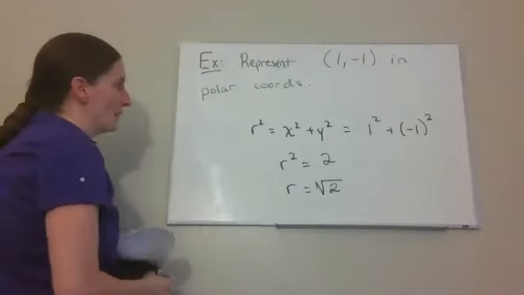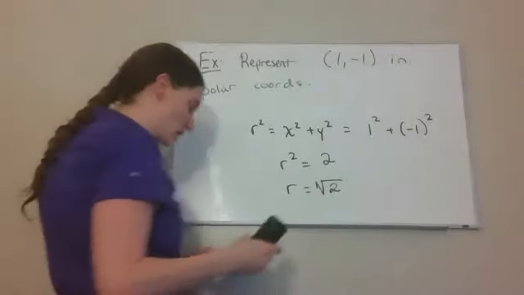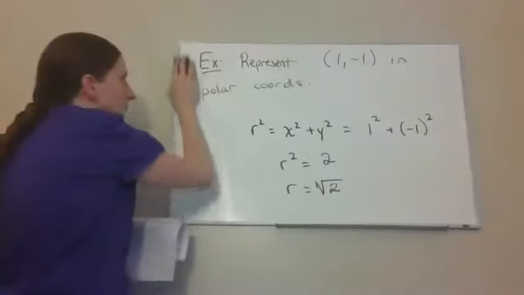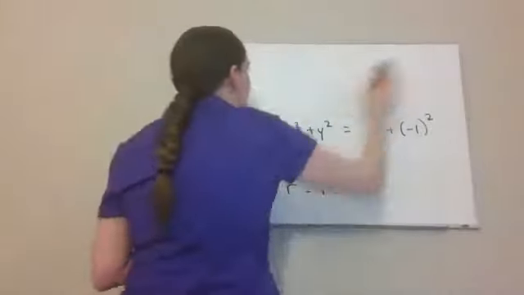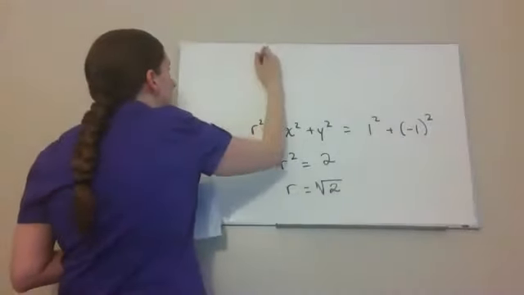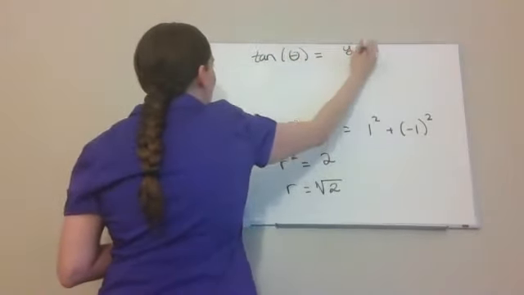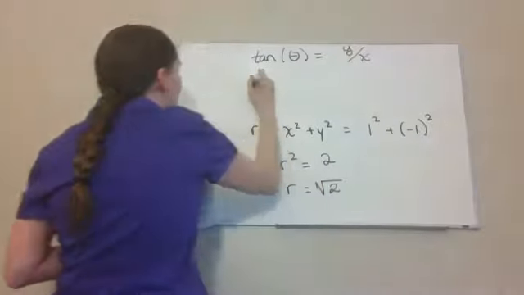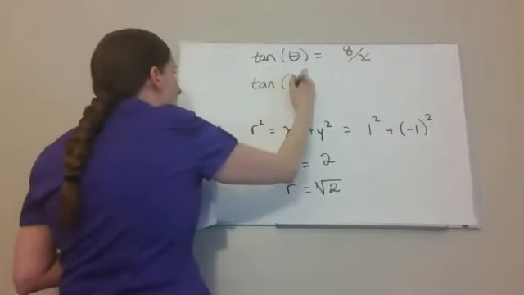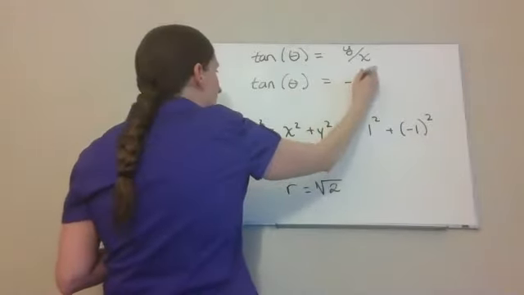And then to figure out my theta, I'm going to need to use that other relationship involving tangent. So my tangent of theta is equal to y over x. So on this particular point that I have, I get tangent of theta is equal to -1.